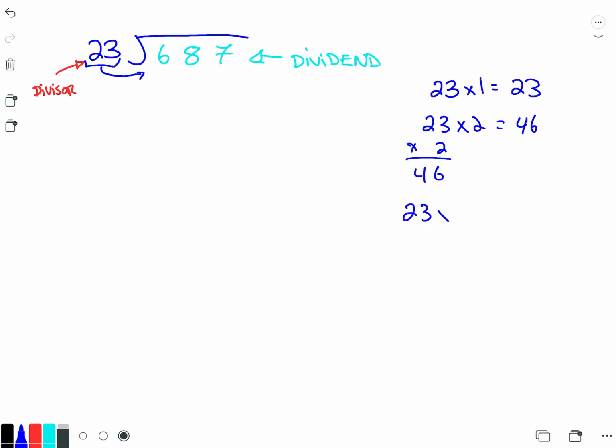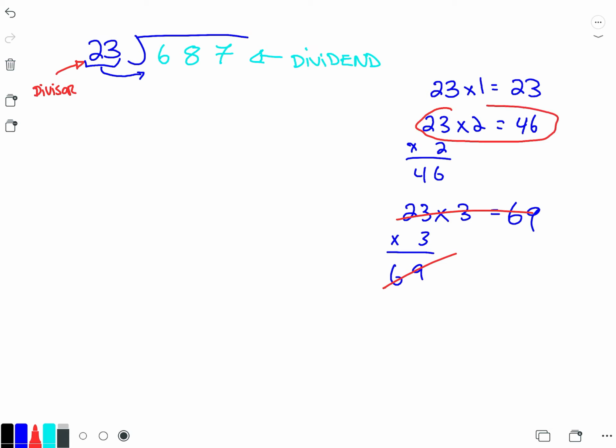Let's see 23 times 3. What is that? 3 times 3, 9. 3 times 2, 69. Oh, I was so close. I went over. So I can't use that, but I can use that 23 goes into 46 2 times, or twice.